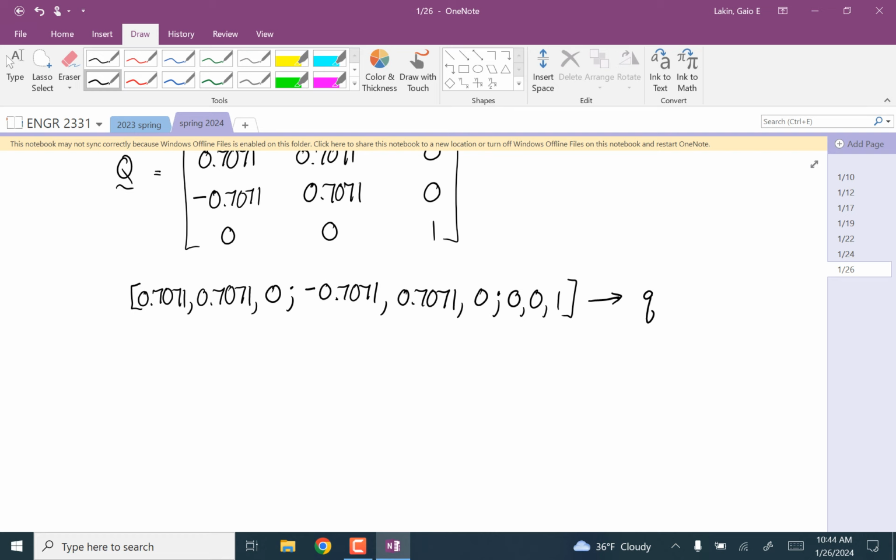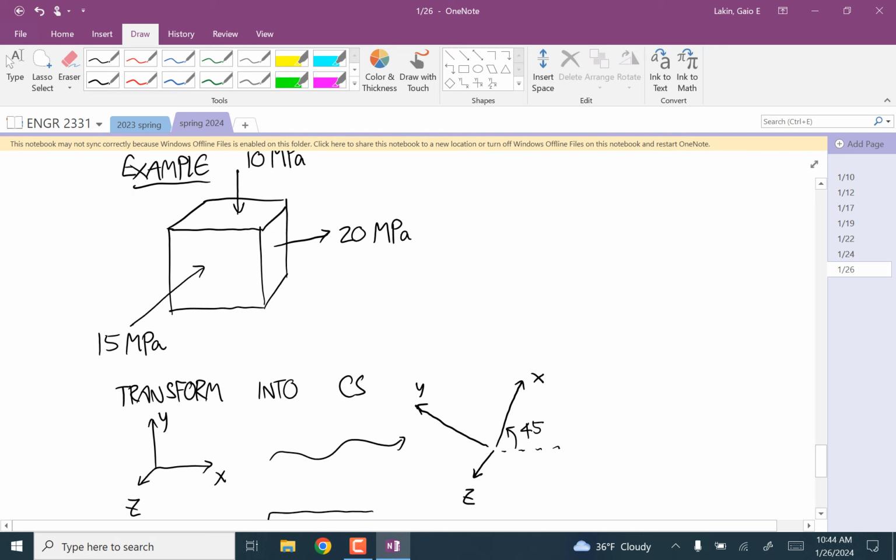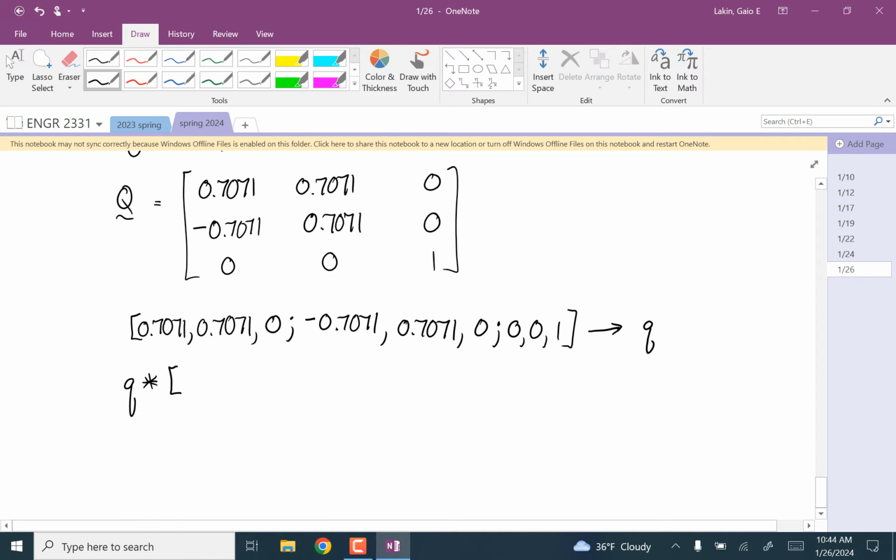Okay, just bear with me for 2 more minutes. So now you can just take Q times however you have your stress tensor defined. On an 89, you could do it as 20, 0, 0, 0, negative 10, 0, 0, 0, negative 15.